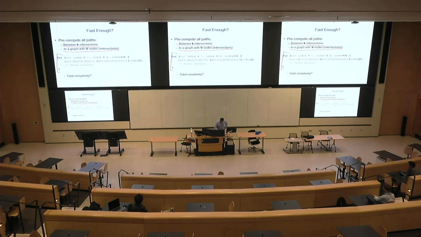And I'm going to write a loop like this. For every one of my interesting intersections, one of my pickups, drop-offs, depots, I'm going to basically invoke this new pathfinding algorithm that I'm going to call multi-destination Dijkstra. Actually, I'm going to pass into it the intersection ID of my start point.